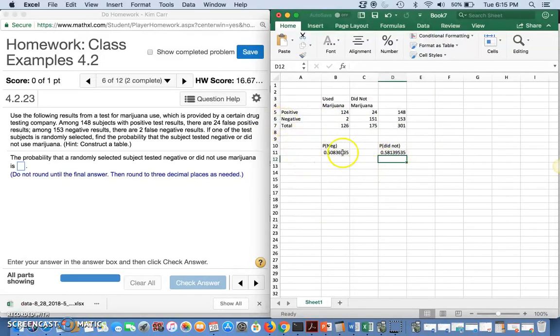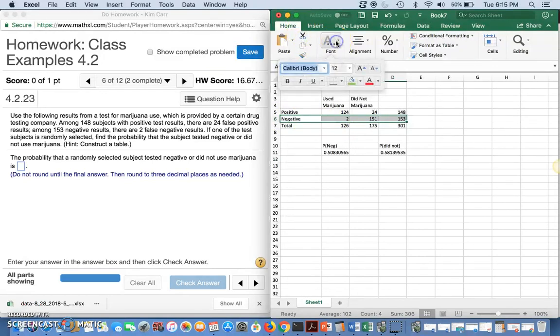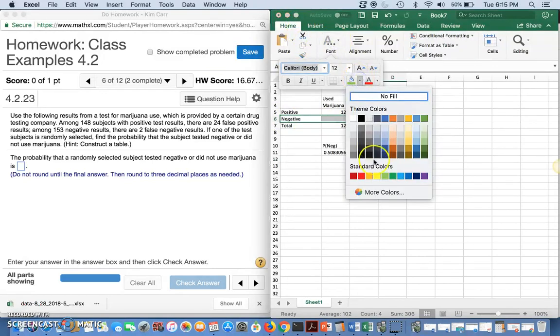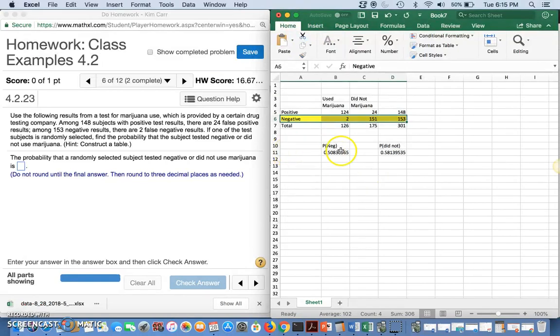I believe it is. So the probability of a negative, right there. Okay, and the probability that they did not use, right here.